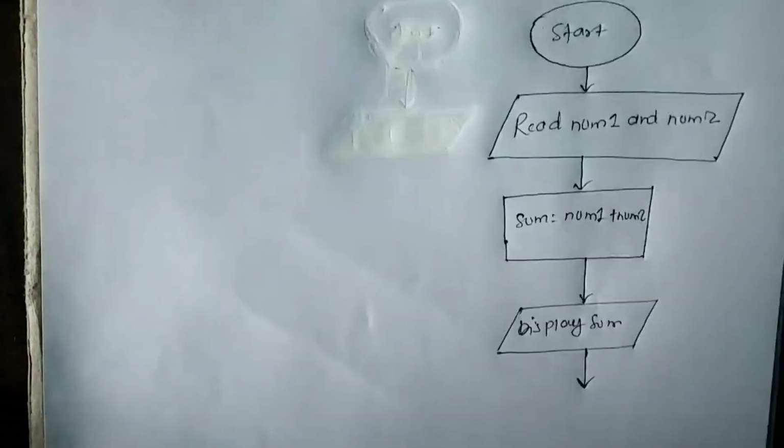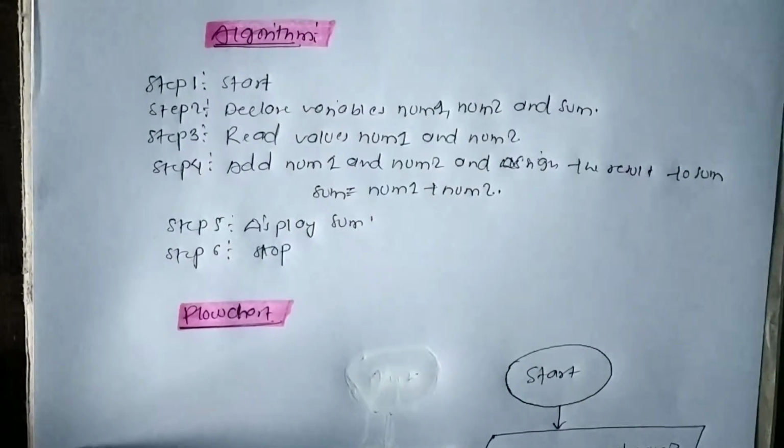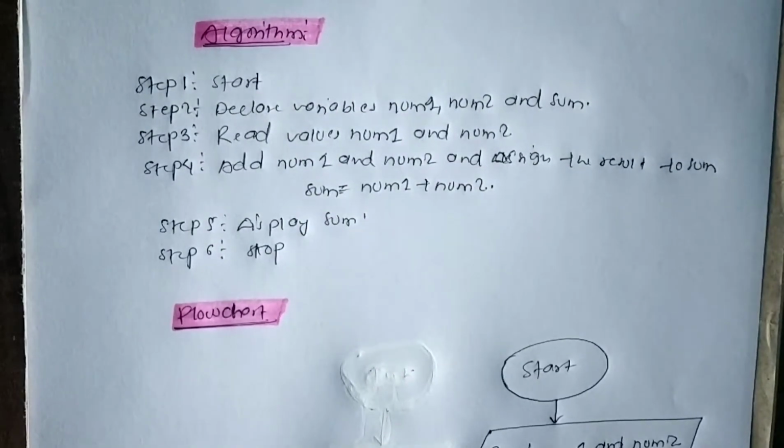Then at last, stop. So this was the example of the algorithm to sum any two number. So in this tutorial, we learned about the algorithm and flowchart in C programming.